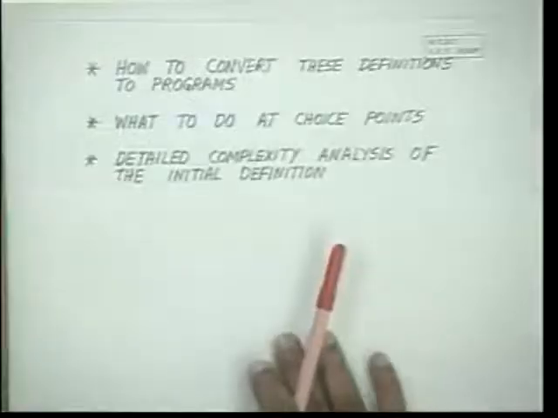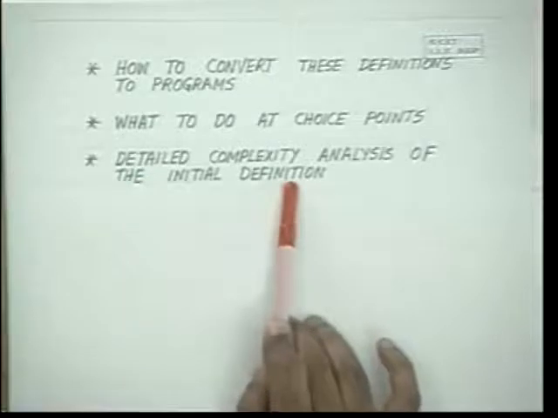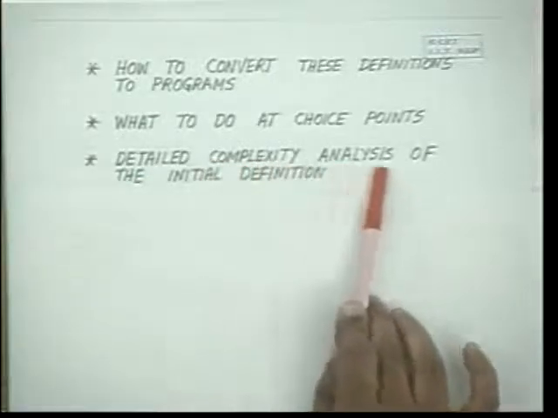We can do it arbitrarily, but as we saw in our example of max and min and max and second max, a deeper analysis really helps to get a better understanding of the solution. So we have to answer what we do at choice points. In order to answer that, we have to analyze this initial definition, as we call it, and do a complexity analysis.